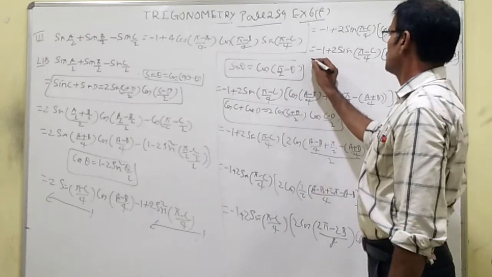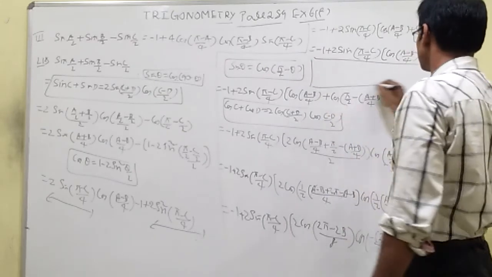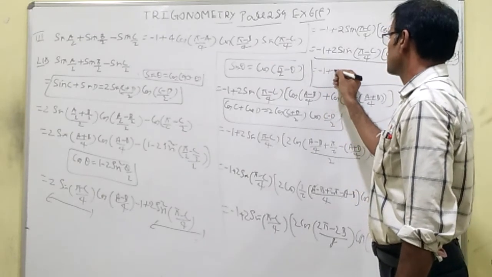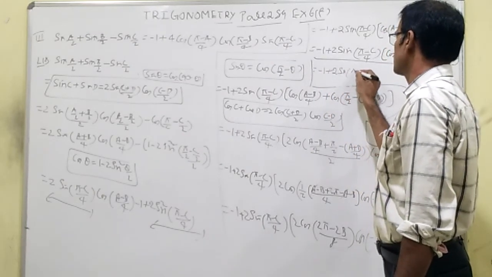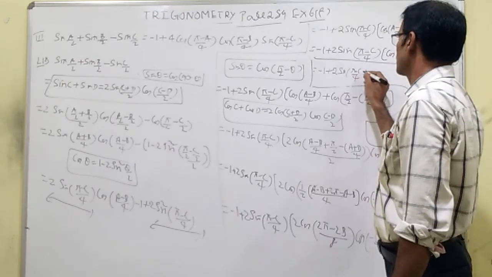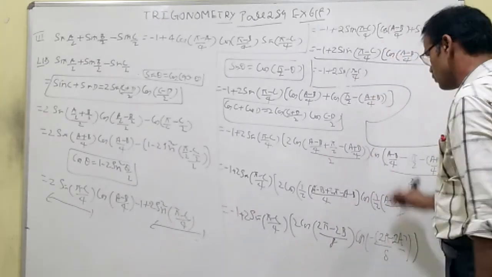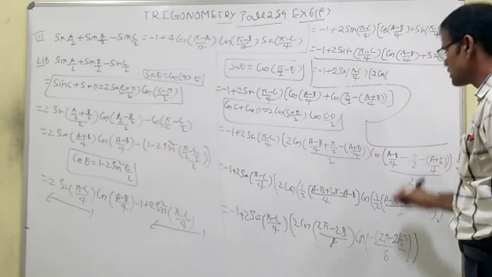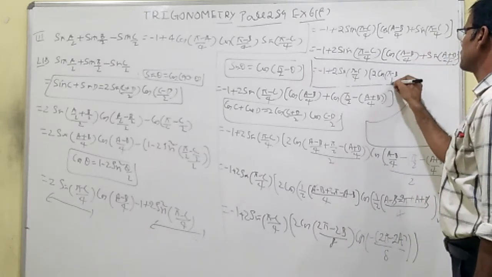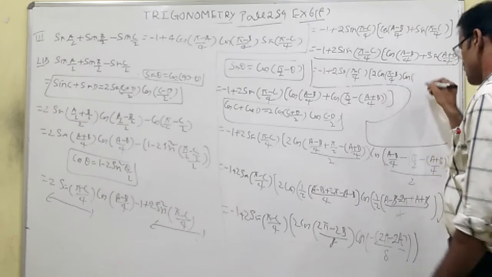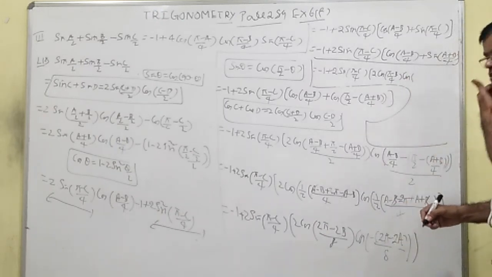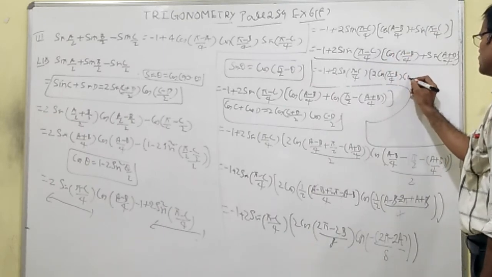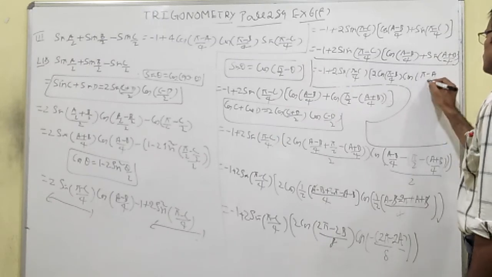Here I am adjusting the sum. That is equal to minus 1 plus 2 sin of (pi minus c)/4 into 2 cos of, 2 get cancelled, within the bracket you can write (pi minus b)/4 into, here also you can get cancelled, cos of minus theta becomes cos theta, so don't write negative there, directly you can write this is cos of (pi minus a)/4.